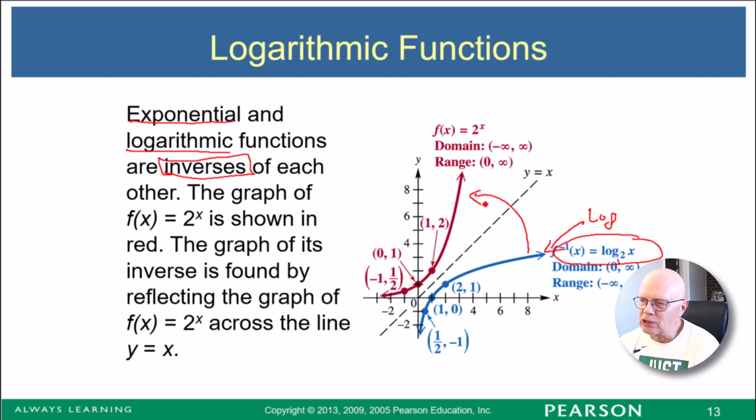And one thing I want you to take notice of is this line is right between them. If you grabbed a hold of this blue curve and flipped it around this y equals x, you'd get the red curve. And that's true of one-to-one functions.